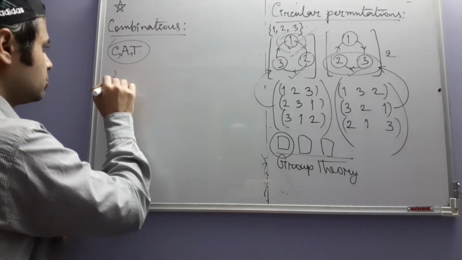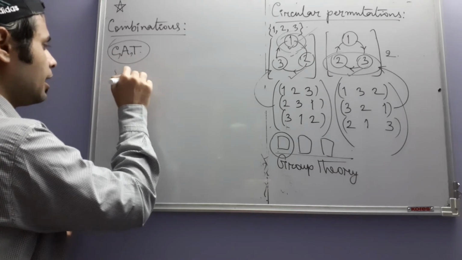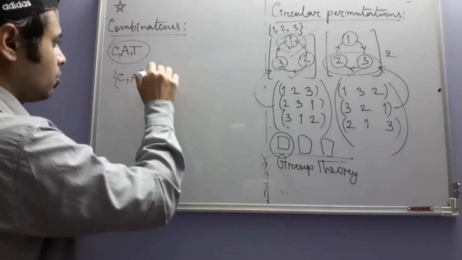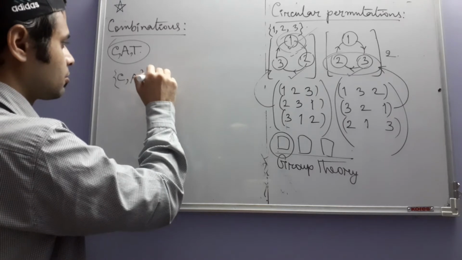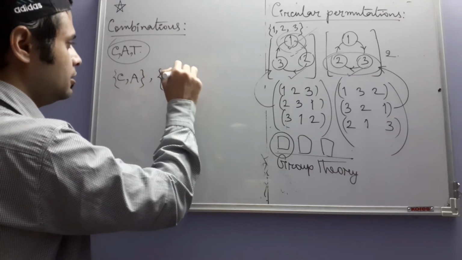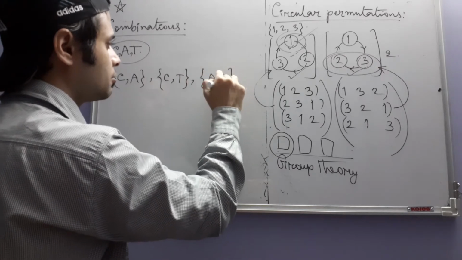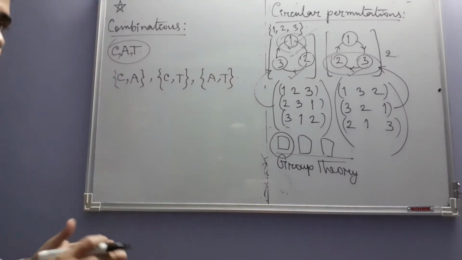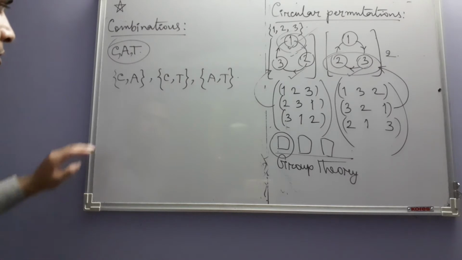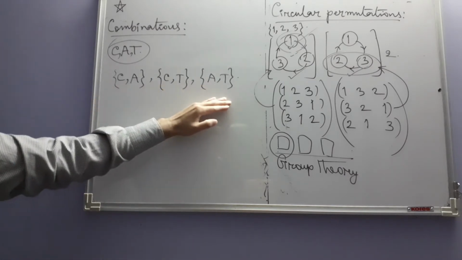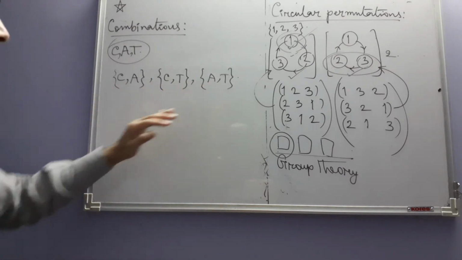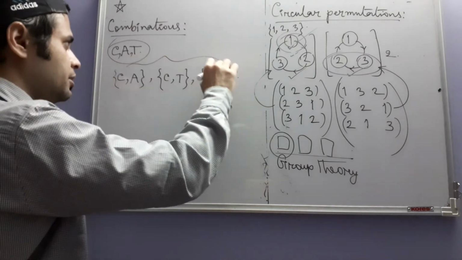I can choose C and A, or I can choose C and T, or I can choose A and T. Okay, so these three groups are possible where each group has two objects. Now I need to know this number 3.